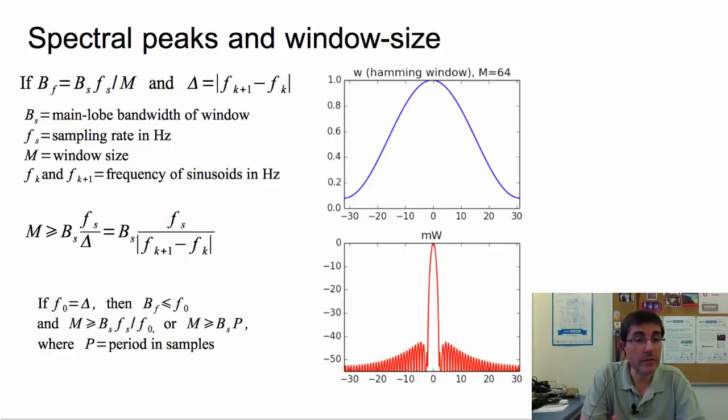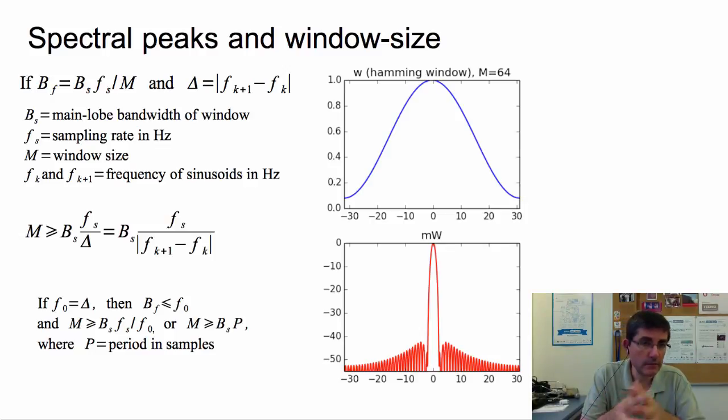And the most important factor is the window size. So if we have a particular window, one important concept is the bandwidth of the main lobe in the spectral domain.